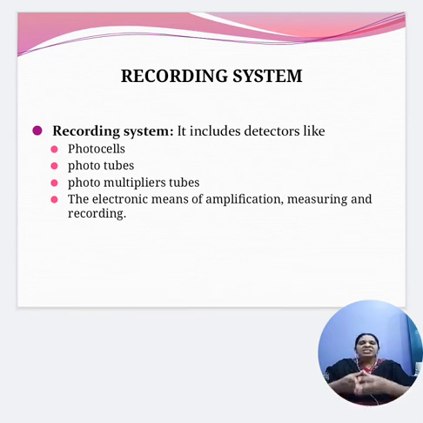The display device is a readout device, which can be a CRO, a strip chart recorder, a pointer moving over a calibrated scale, an analog meter, or a digital meter. So this is your recording system.